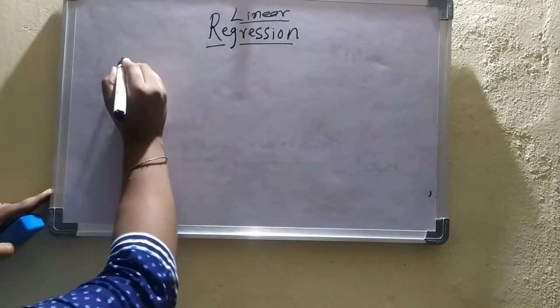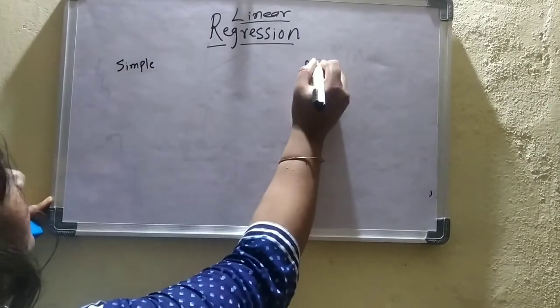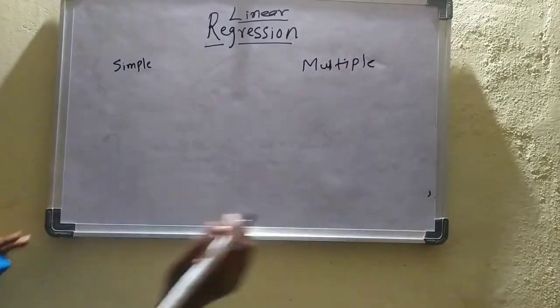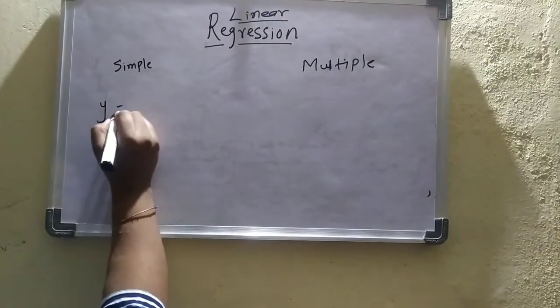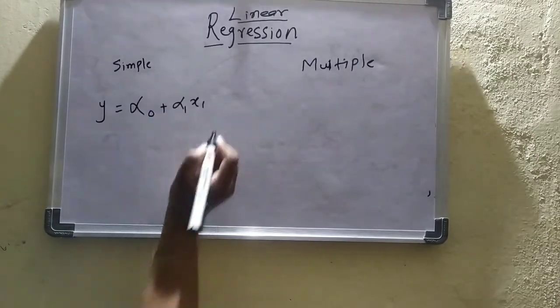The equations for simple and multiple linear regression are as follows. Here is simple and here is multiple linear regression. For simple linear regression, y is equal to alpha 0 plus alpha 1 x1.